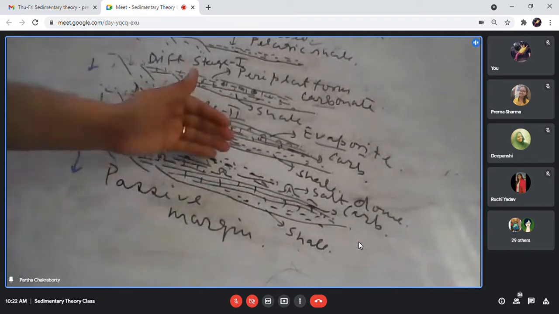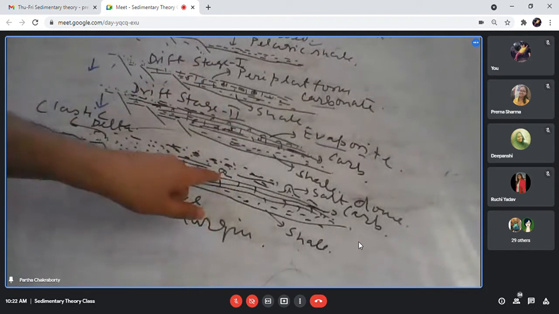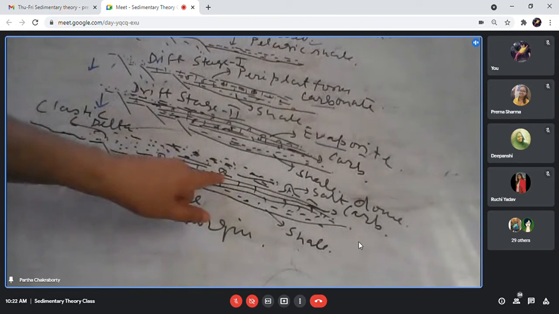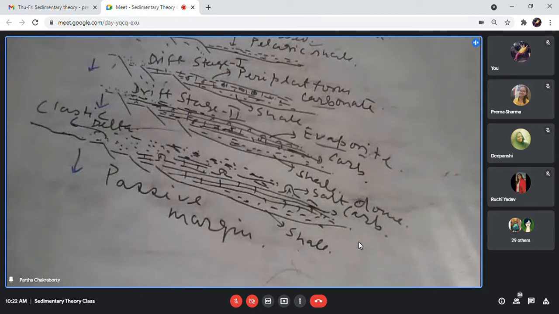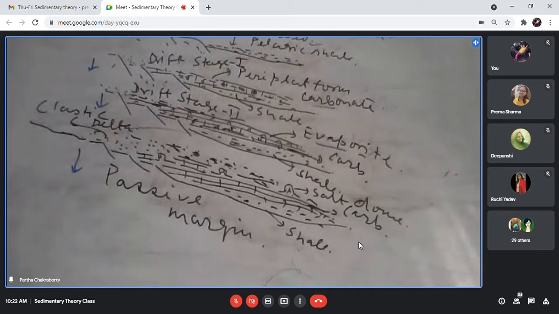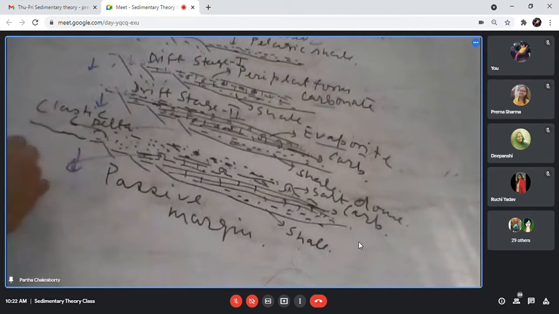When the river system comes, very commonly the evaporite, because of its low density, starts to buoy up. So evaporite will try to buoy up in the form of salt dome, and that we refer to as halokinetics.